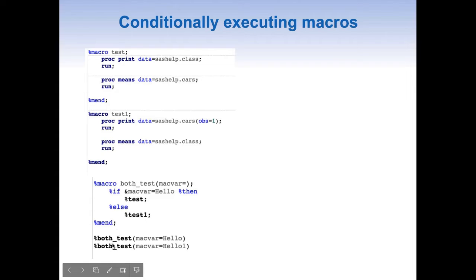If we see the two executions of %both_test macros, we have passed the value of macvar equal to hello, and this helped us to execute the %test macro. When we passed the value of hello1, the condition has not matched here, so it has executed the test1 macro.